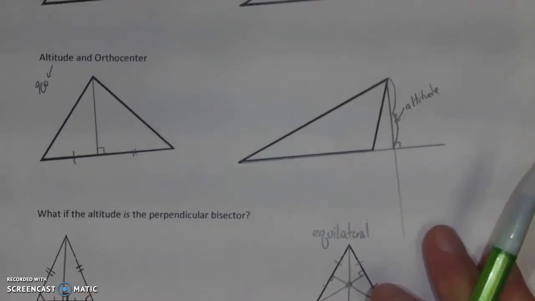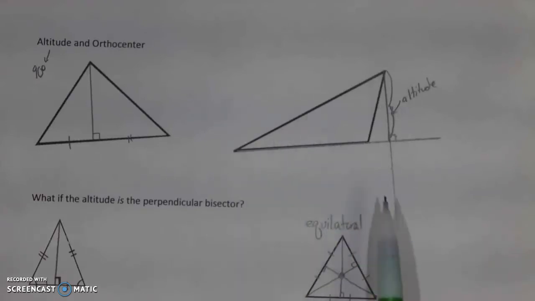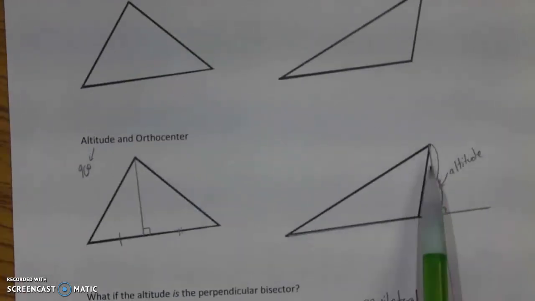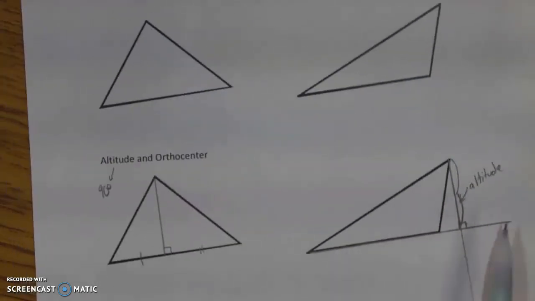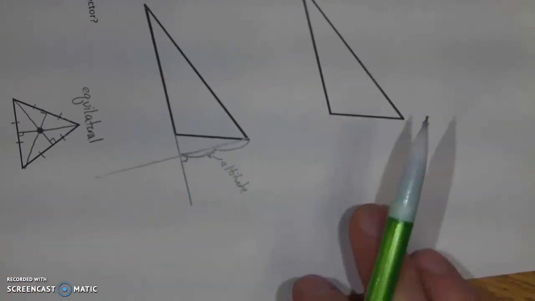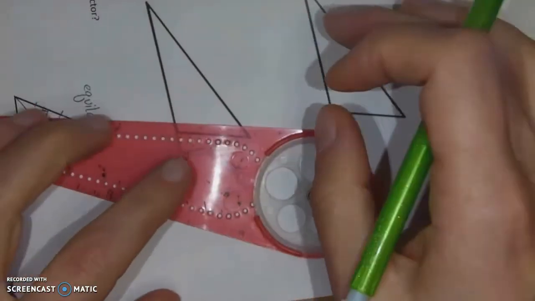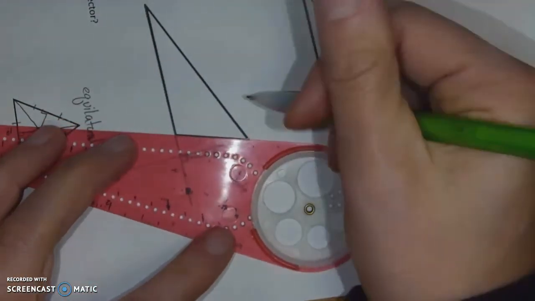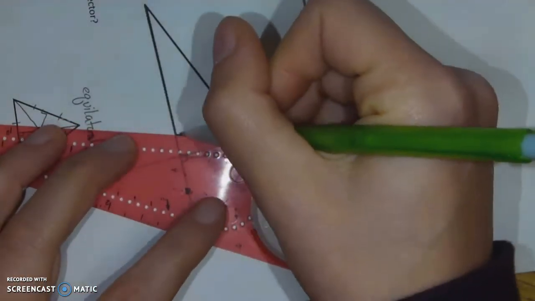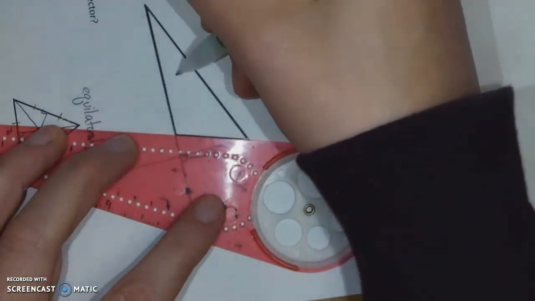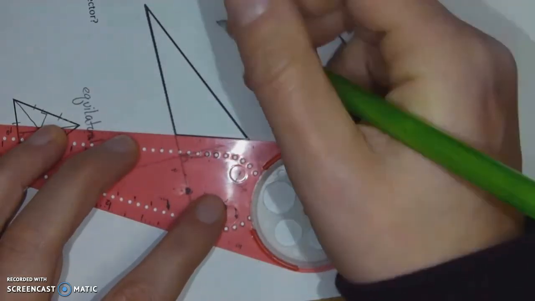Now, most of the time, our altitudes are going to intersect in kind of weird places. So if I wanted to find all of the altitudes of this triangle, I'd be paying attention to each base one at a time. So I'm going to spin this real quick, and I'm going to look at the altitudes of the other bases. Like this base right here, see how this is an obtuse angle? It means that I'm not going to be able to drop a 90-degree angle inside the triangle.